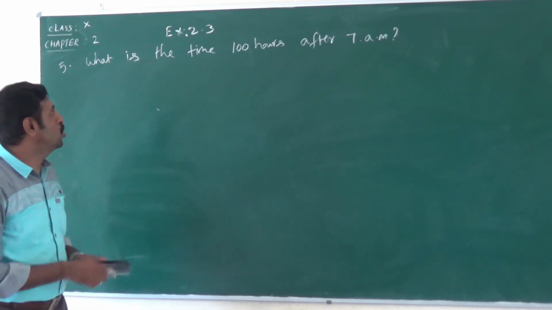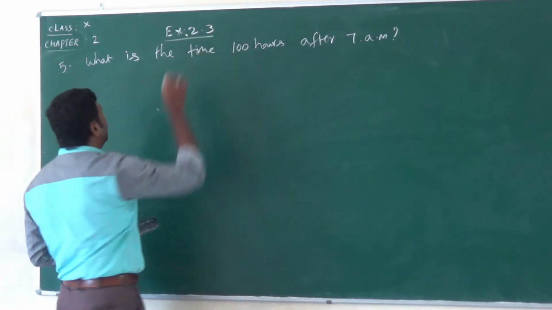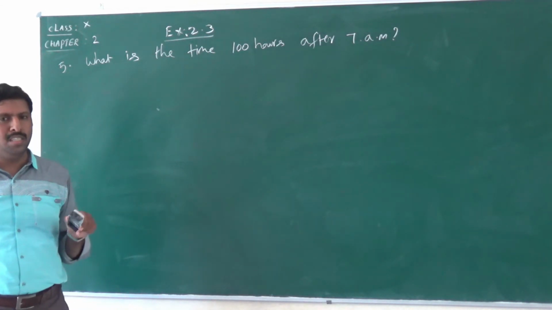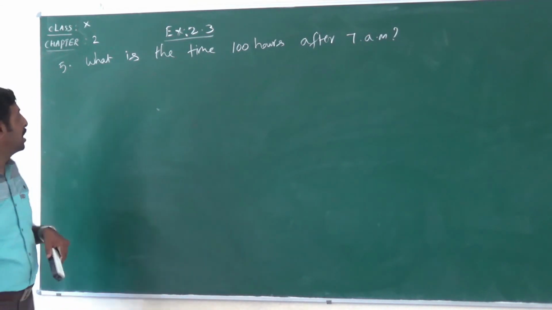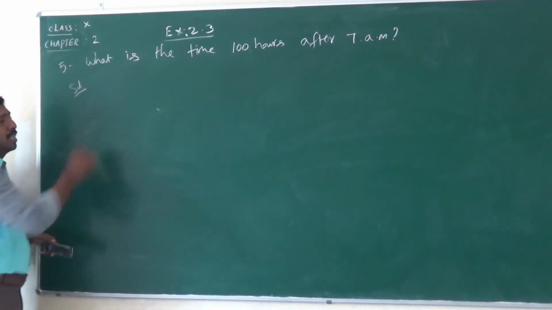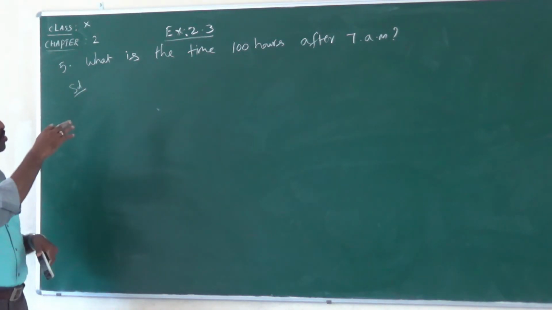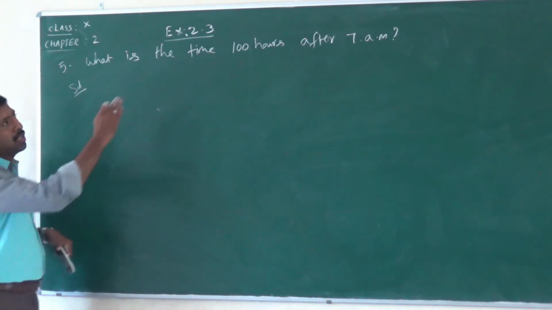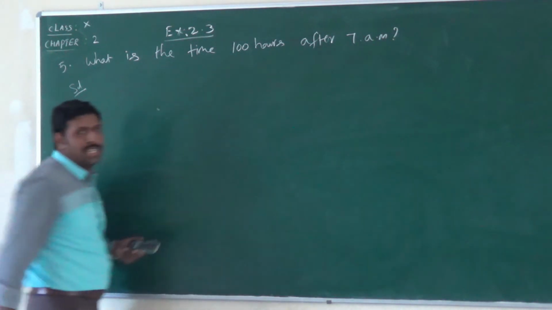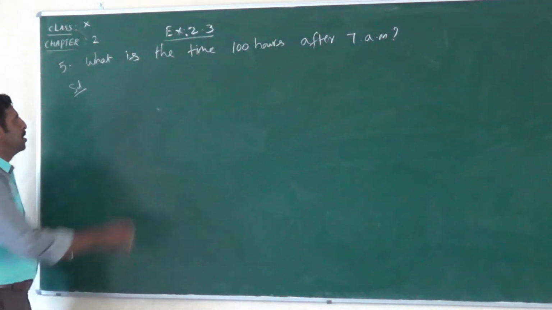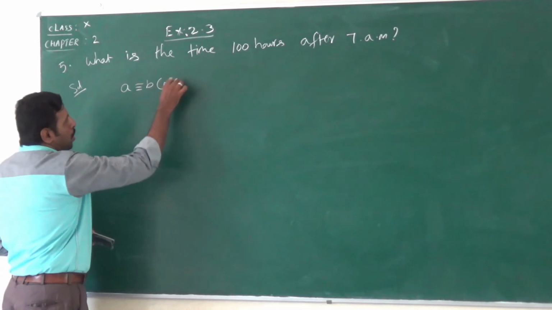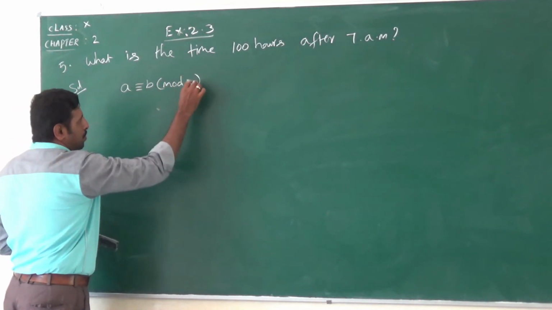Students, exercise number 2.3, question number 5. What is the time 100 hours after 7 a.m.? Here we are using the Euclid division or congruence modulo to find the value. Here the congruence is A congruent to B mod n.